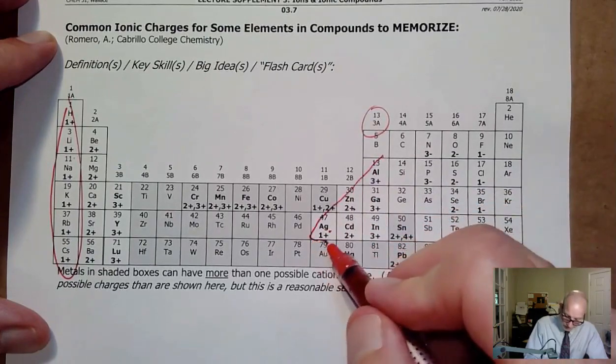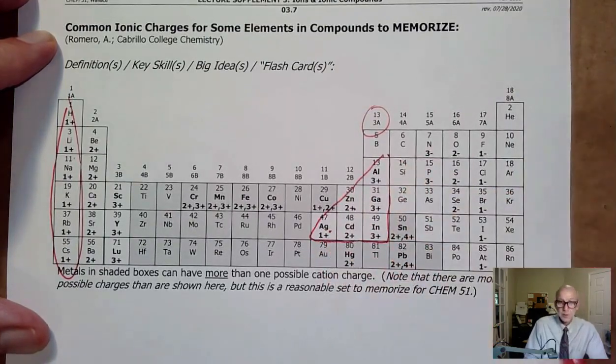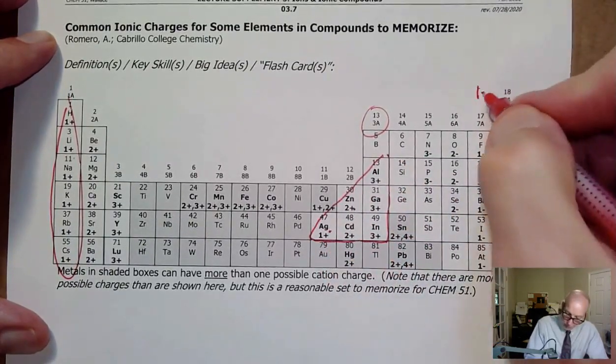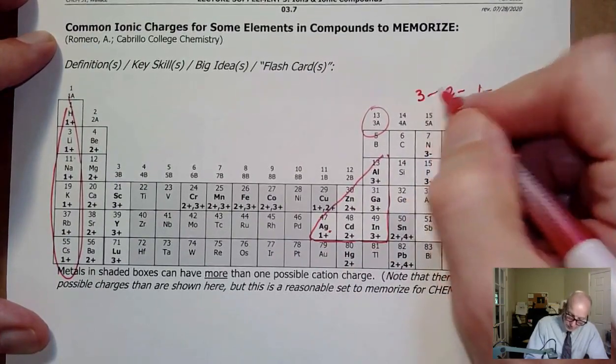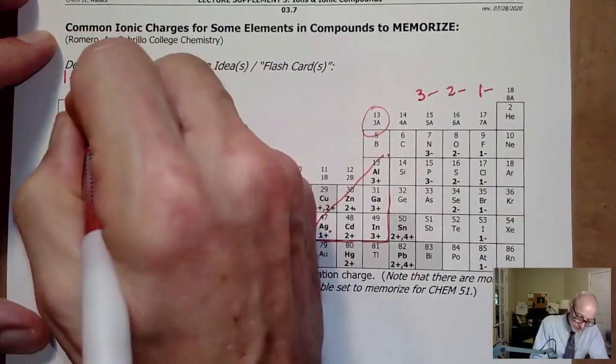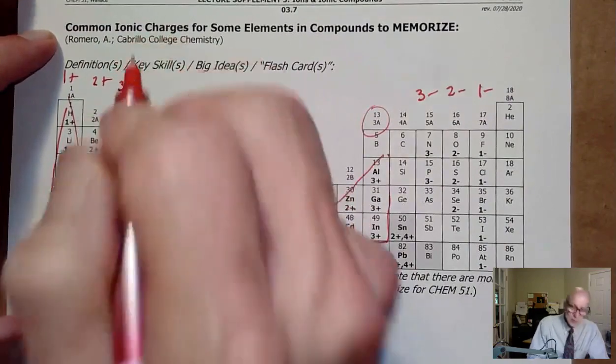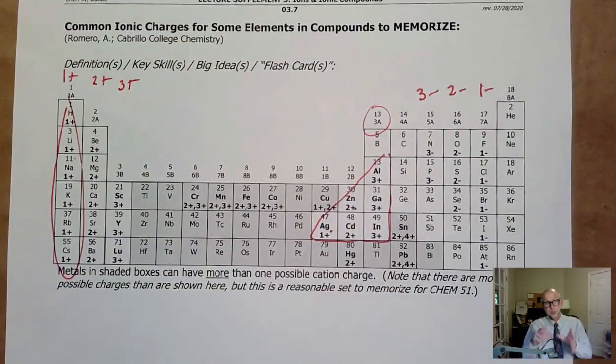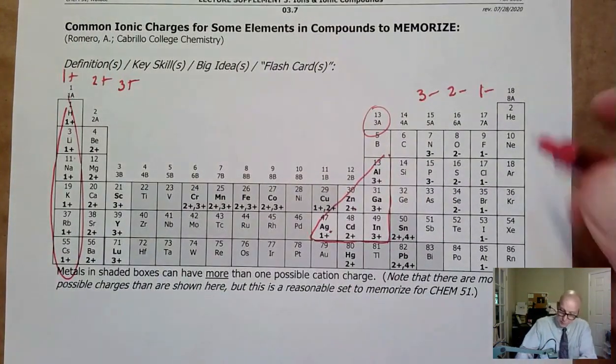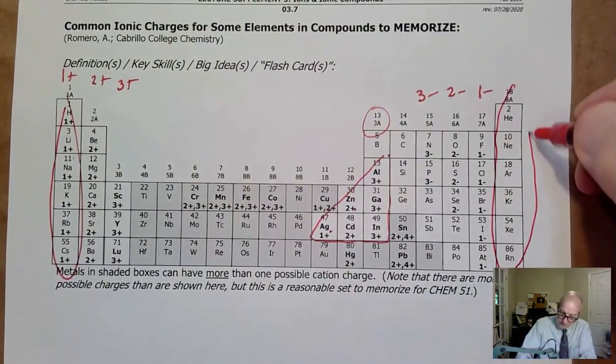So there's a little predictability region there. 1 minus, 2 minus, 3 minus, 1 plus, 2 plus, 3 plus, because we know that they're gaining or losing electrons to get that s2p6, which is what these guys have.